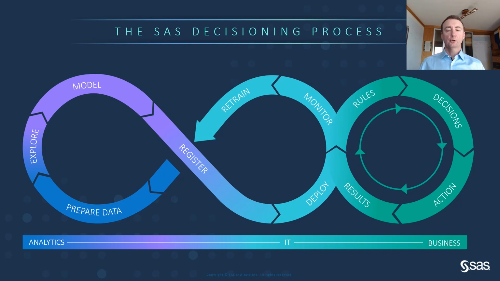So when we take a look at the SAS decisioning process, which has the model building part on the left, the model management part in the middle, and the decisioning part on the right, when we speak about communication and interpretation of machine learning models, we know that we move from modeling to the area where our models are used for the decisioning process, where they generate decisions and where they generate actions for the operational business.